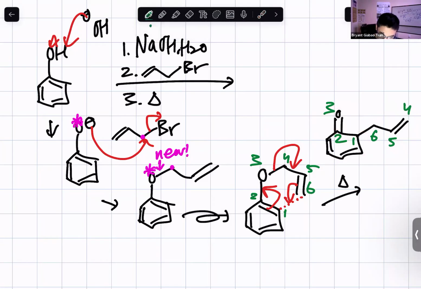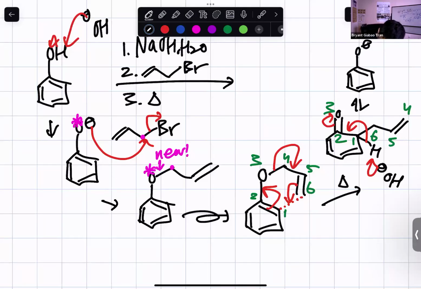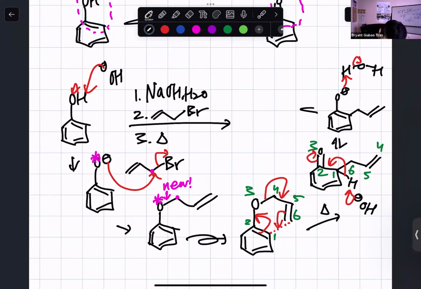So to do that, we have to deprotonate the alpha hydrogen, generate the enolate ion, and that restores our aromaticity. Then you can have some acid workup step, or you could use, let's say, water, some protons, to protonate and neutralize the O minus to give us our neutral product here.